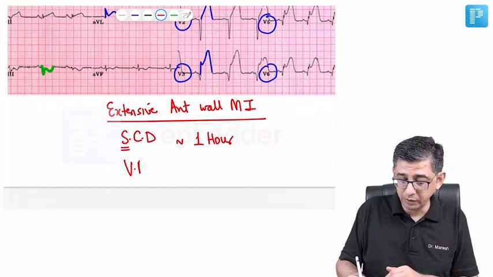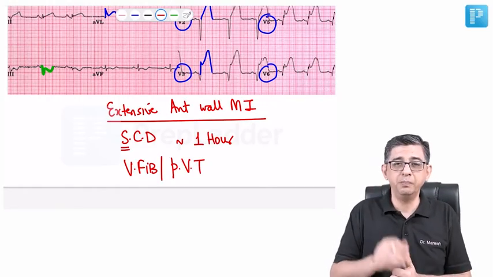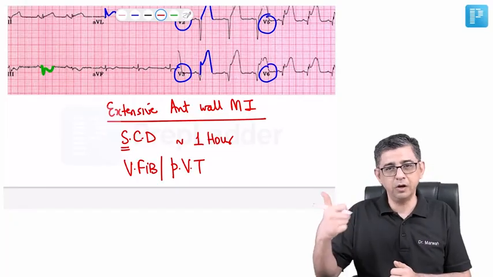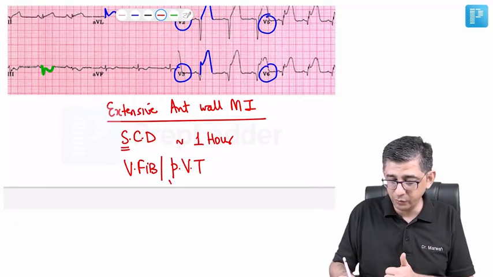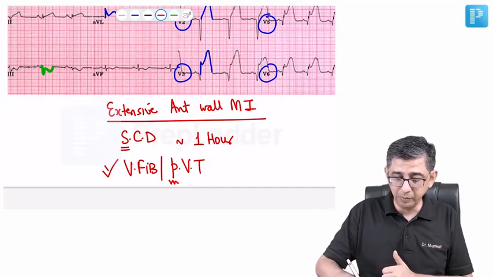And there could be tachyarrhythmias that we'll be handling subsequently. Either it could be a ventricular fibrillation, or it could be a PVT, not a PSVT. We'll talk about PSVT also. This is pulseless ventricular tachycardia, for which the only way to save this patient would be defibrillation.